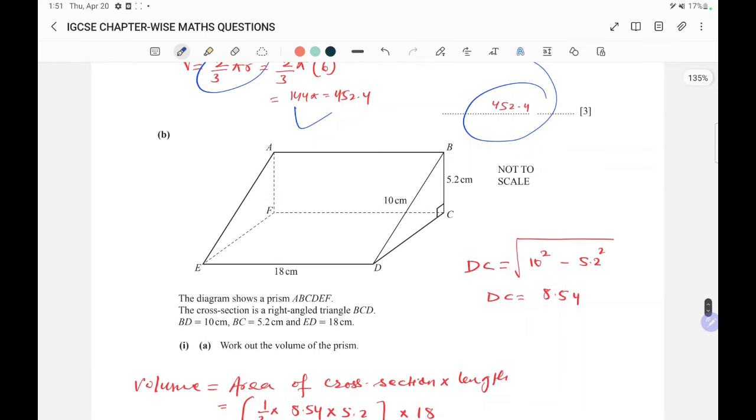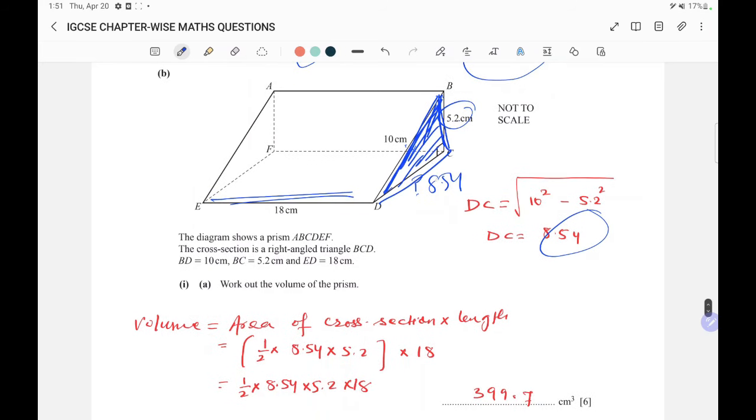Now this is a question of a prism, we need to find the volume. So this is our cross-sectional face. So the area of cross-section times length. The length is already given, we need to find somehow this area. So this is 5.2, this is 10, we can find this by Pythagoras theorem, root of 10 squared minus 5.2 squared, 8.54.